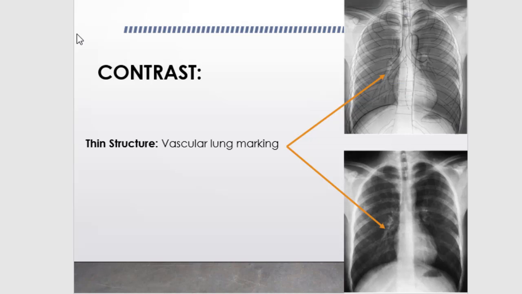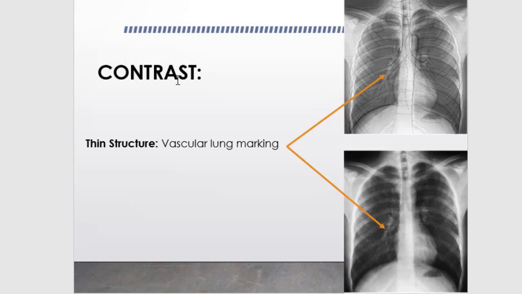So if you replace, the new definition for contrast will be the difference in amount of blackness between two adjacent structures on the processed image. You get it?